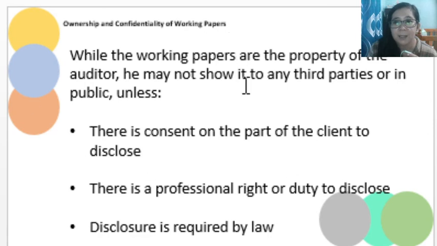And lastly, while the working papers are the property of the auditor, he may not show them to any third parties or in public unless there is consent on the part of the client to disclose this information, there is a professional right or duty of the auditor to disclose this documentation, disclosure is required by law, or the court has requested the auditor to present this working paper as part of the evidence in court proceedings.